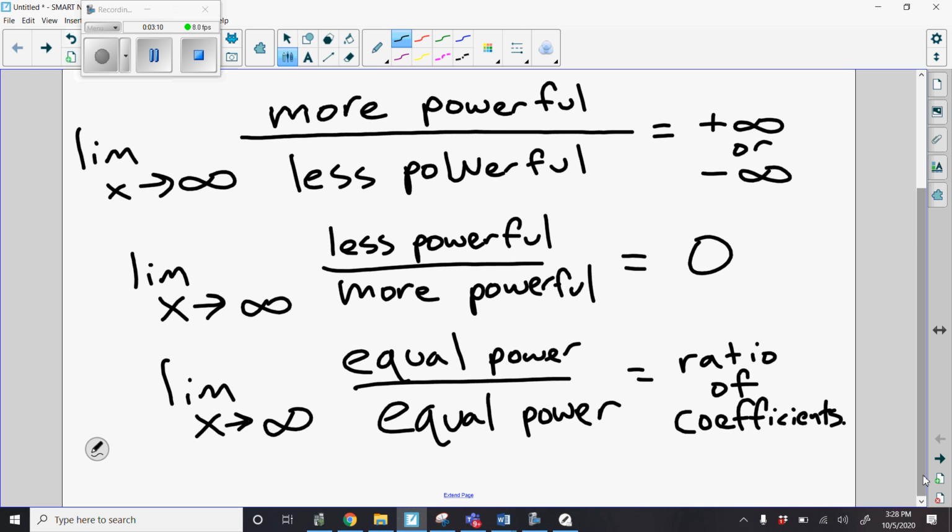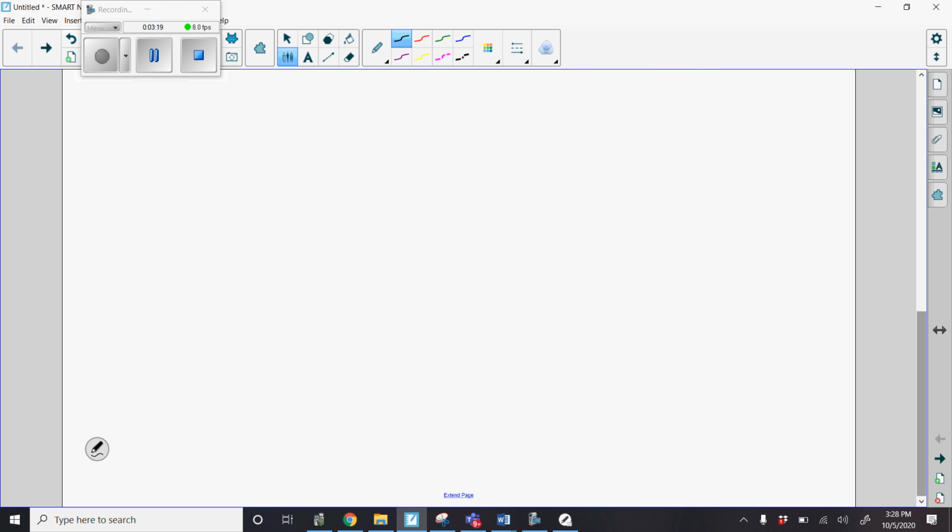So let's talk about what makes something powerful or not powerful. We're going to have kind of a hierarchy of powers. Our highest powered functions are exponential functions.